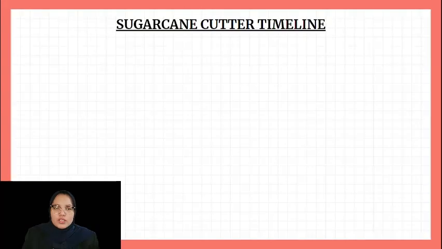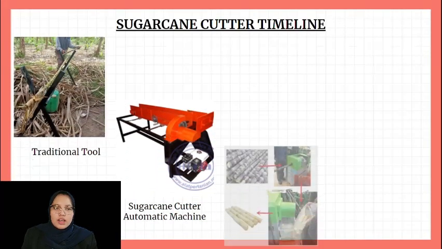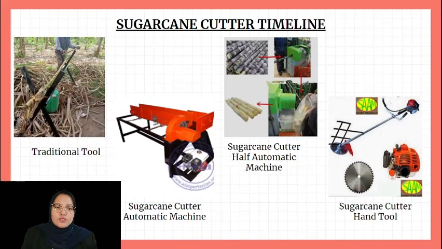These are some of the sugarcane cutting methods that are already on the market. The first method is using traditional tools. This method uses 100% manpower for each cutting and packaging process. The second one is the automatic sugarcane cutter machine. This is a modern machine that can reduce the use of manpower.